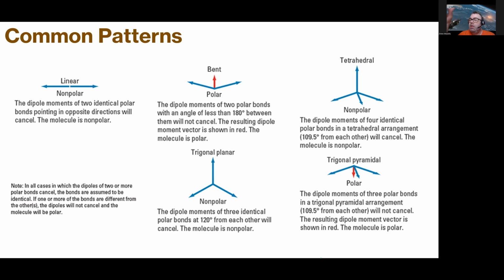And if you have different atoms in there, they're probably going to not cancel each other out completely. Hopefully that made a little bit of sense. We can always discuss stuff and practice, practice, practice, remembering the nonpolar versus polar bonds and how your vectors are canceling out.